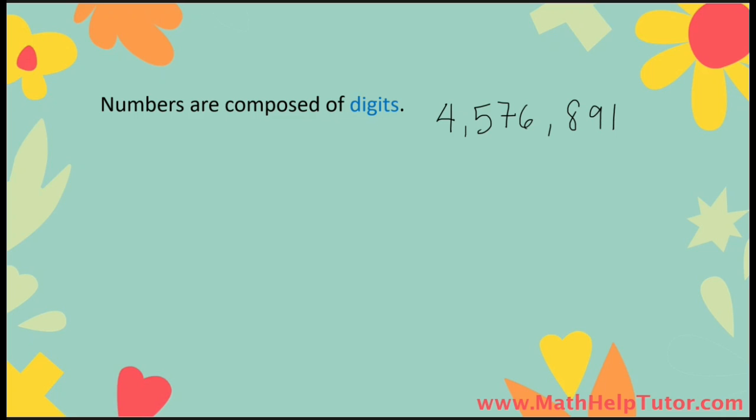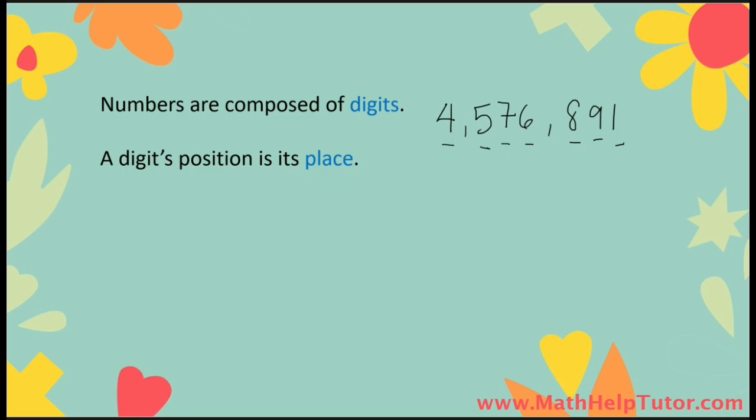Each of these parts of the number are called digits. So 4 is a digit, 5 is a digit, 7 is a digit, 6 is a digit, 8 is a digit, 9 is a digit, and 1 is a digit. So all these parts compose a number, and each of these parts are called digits.